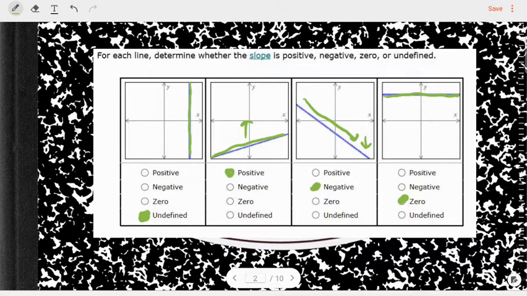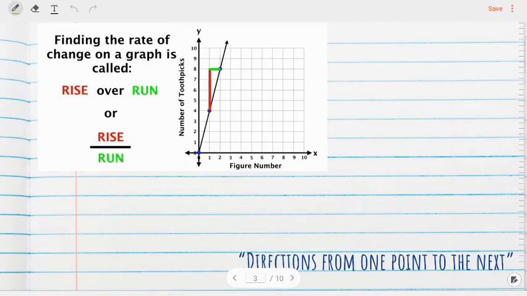Let's talk about how I find exactly what number a slope would be from a graph. To find that slope, or sometimes it's called rate of change, we find what is called the rise over the run. When we say rise, we're either talking about going up or sometimes going down.